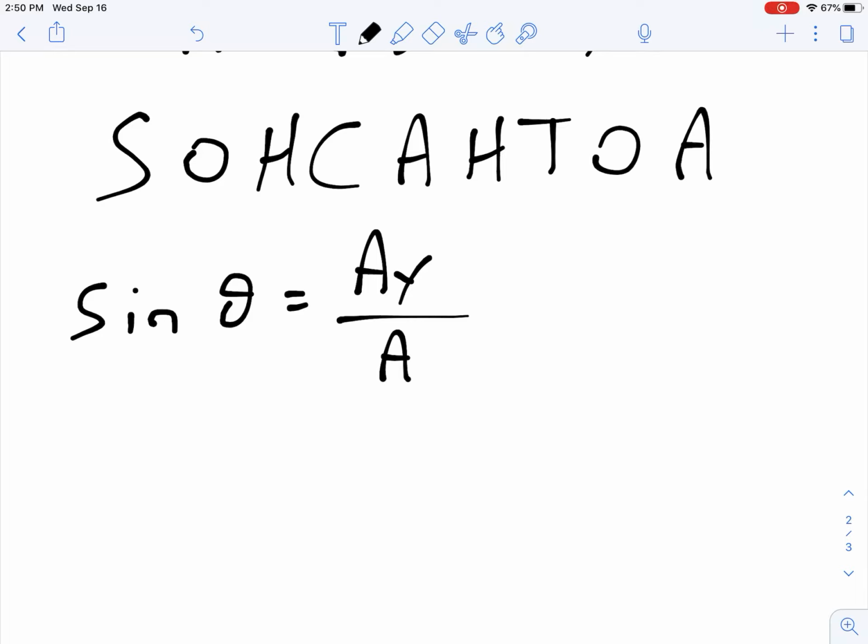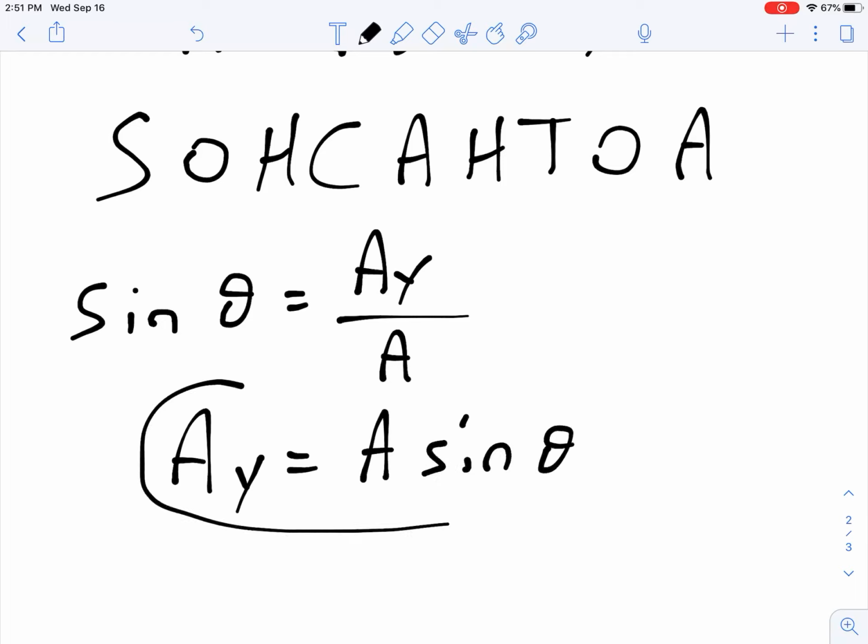If I do a little bit of algebra, I can solve that and say that AY is just going to be the vector itself times the sine of the angle. That gives me a way to determine the y component of a vector. I take the length of the vector itself, multiply by the sine of its direction, and I get the length of the y component.